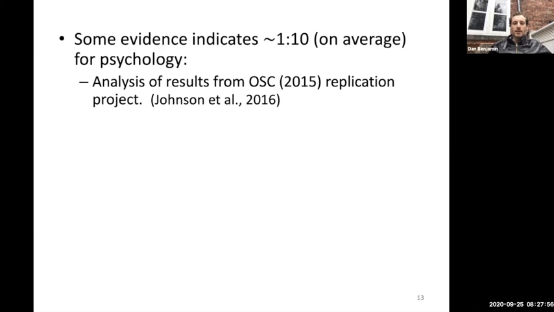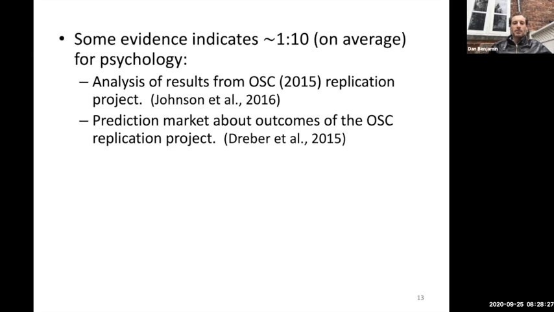That then some statisticians subsequently analyzed and estimated, based on the results of the replication project, that if you went back and you looked at the original papers and estimated how likely was it that the effect they were looking for was really true, the estimate was 1 in 10. So actually, that's pretty bad. Basically, like a 10% prior probability of the alternative hypothesis being true.